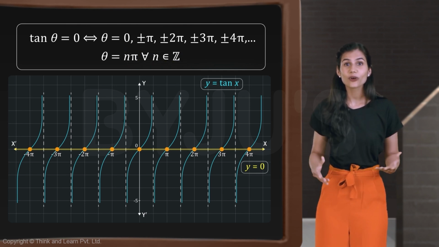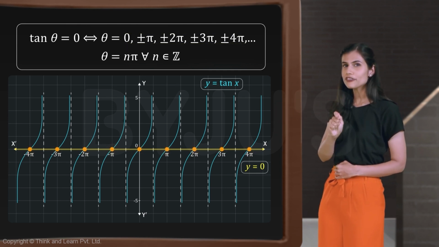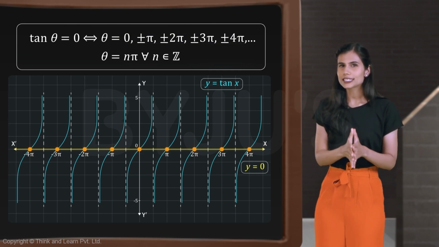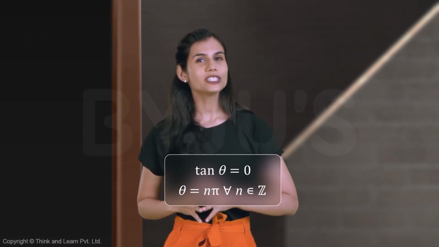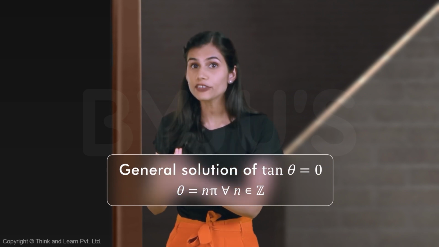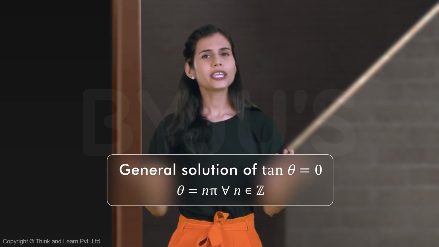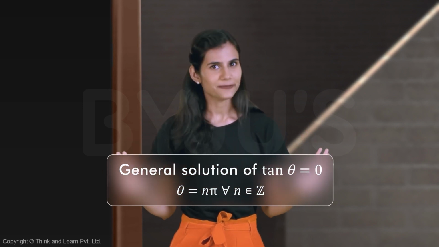That is how this particular infinite set of angles can be generalized as just theta equals n pi. So the conclusion is that the general solution of the equation tan theta equals 0 is coming out to be theta equals n pi for all integral values of n.